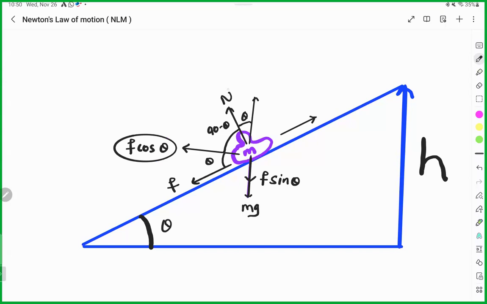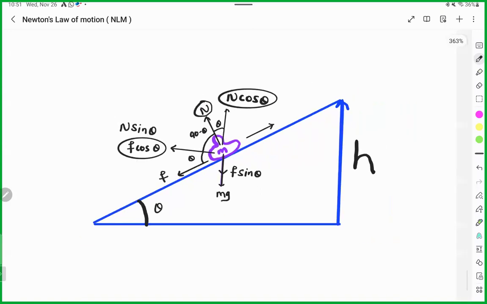If this is normal and theta is present with it, this is n cos theta. Is it too much math, or can you manage? Good. If this is n cos theta, the other side will be n sin theta.